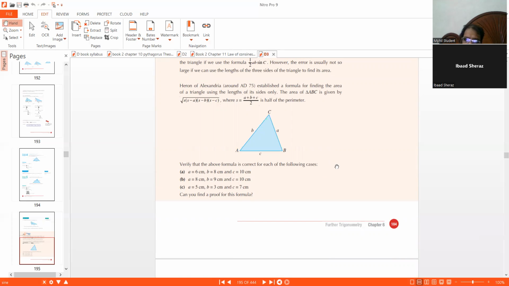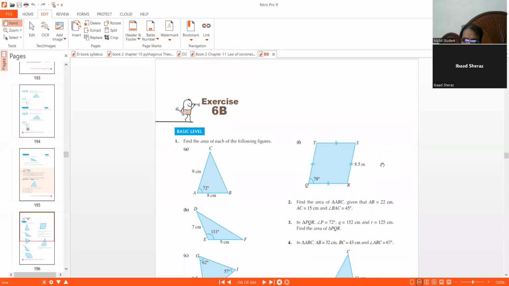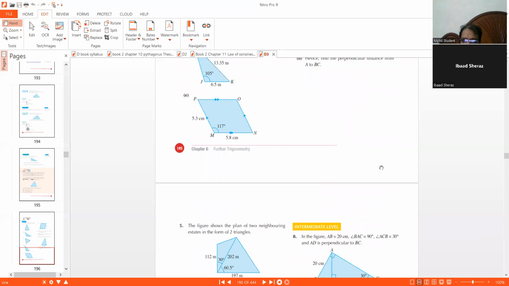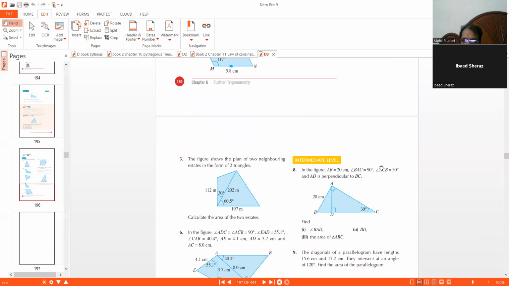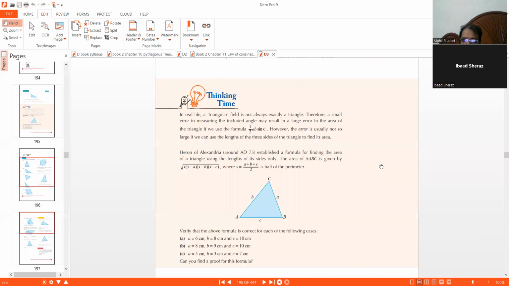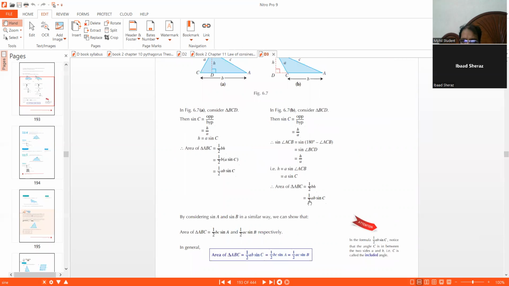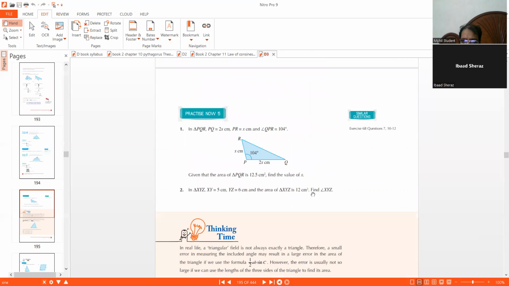Oh yeah, another formula, that is Hero's formula. What's the question? Here is the question.